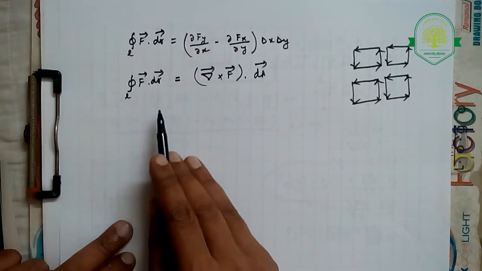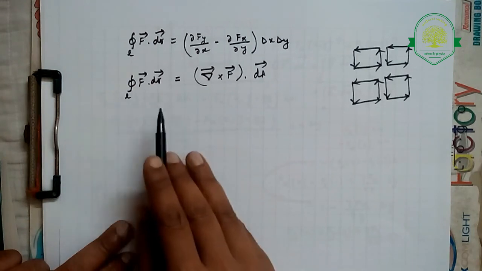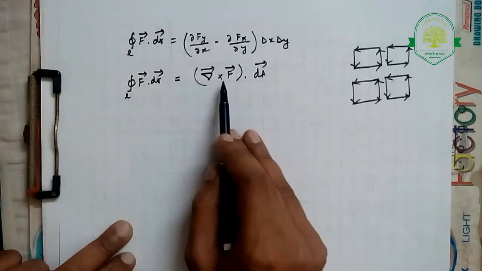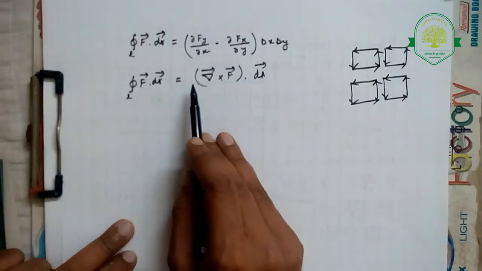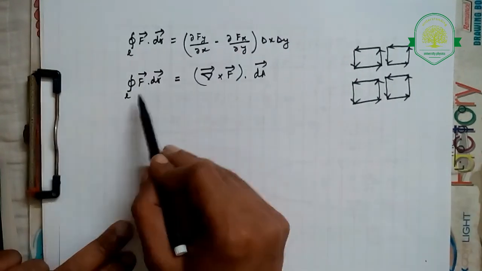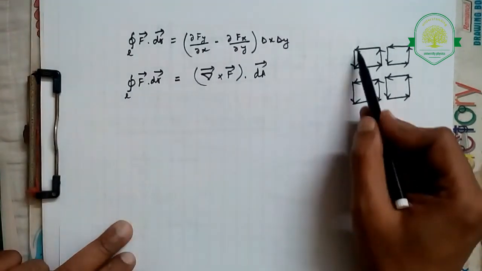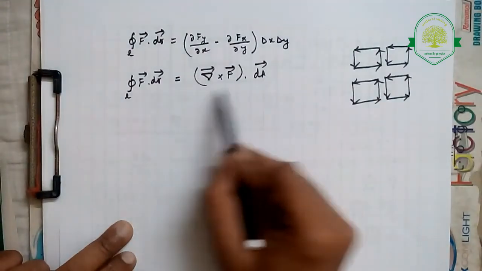Now if we go from a smaller surface to a bigger surface, and in the entire surface, if we figure out this and this for every elementary loop and add them all up, this expression will become the line integral of F along the periphery of our surface, and this has to be evaluated for every elementary surface.